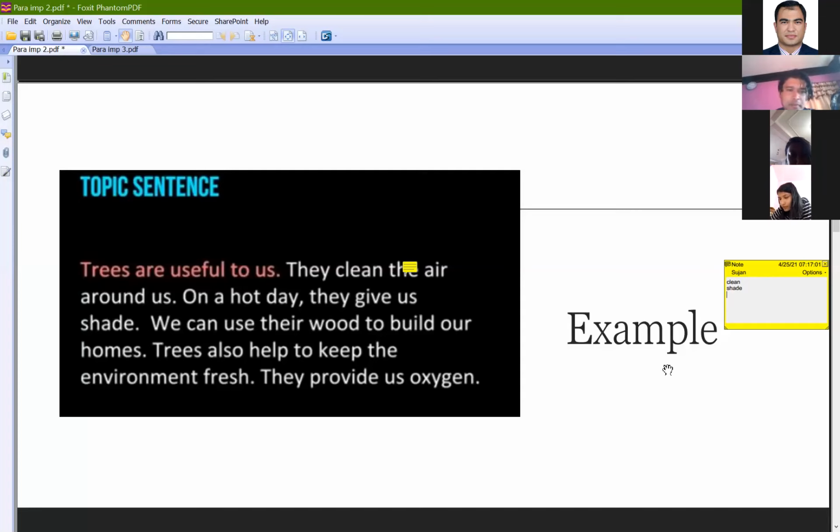Trees are useful because we can use wood. Trees are useful because they help keep our environment fresh. Now, when I have these four words before I begin the paragraph, after writing my topic sentence, then it's easy. And they also provide us oxygen.